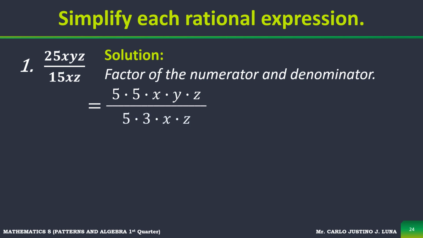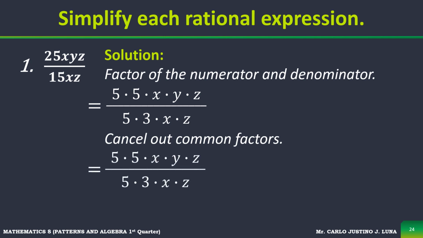We have 5 times 3 times x times z. Okay, so after doing this, after getting the factors, we will now have cancellation. Tignan mo kung ano yung mga pare-pareho nilang factors. And then we will cancel. Okay, so what can we cancel? Ano yung mga pareho nila?